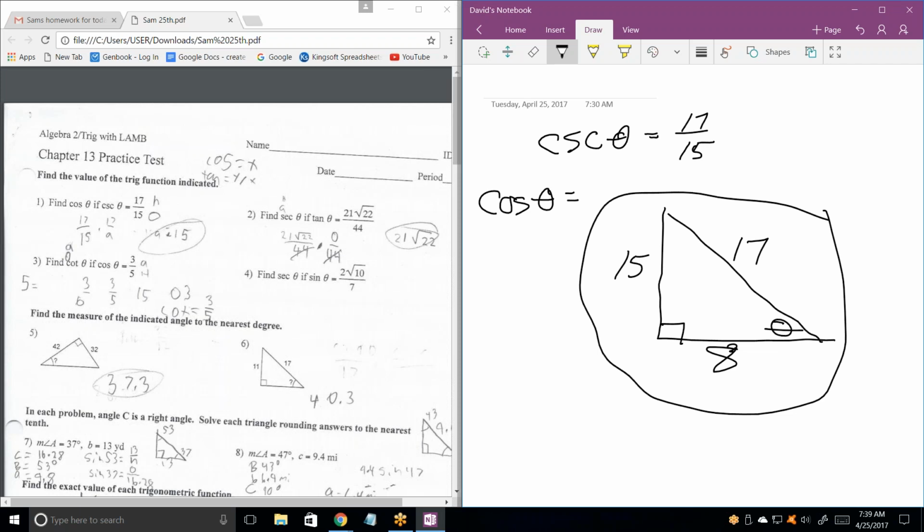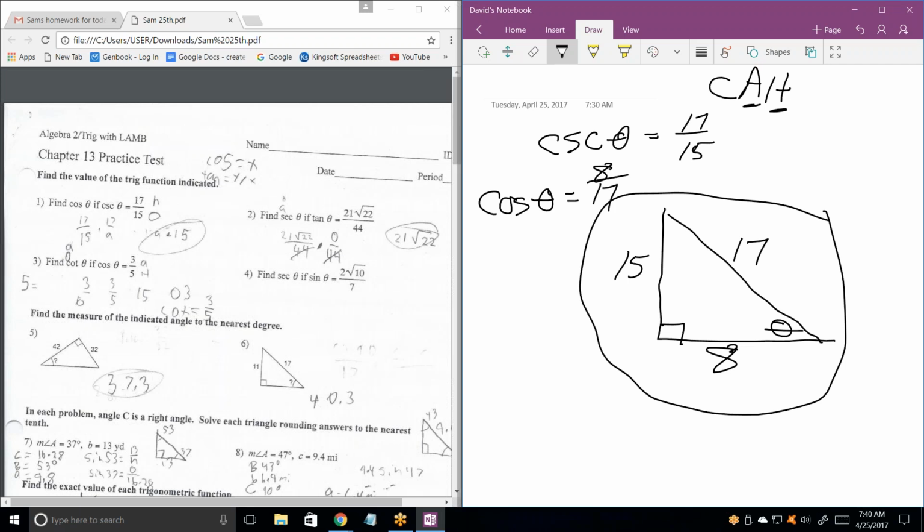Oh, you have to know SOHCAHTOA. Yeah, I know. You don't know SOHCAHTOA, you're lost here. Okay, so what's cosine? You have to do the inverse. No, it's the adjacent. The CAH of SOHCAHTOA is adjacent over hypotenuse, so it's 8 over 17.